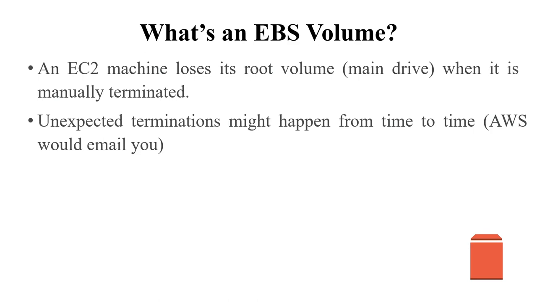AWS is going to email you. Like we were talking about, the spot instances we have taken, terminations might happen from time to time. If any termination happens, we'll get that email.